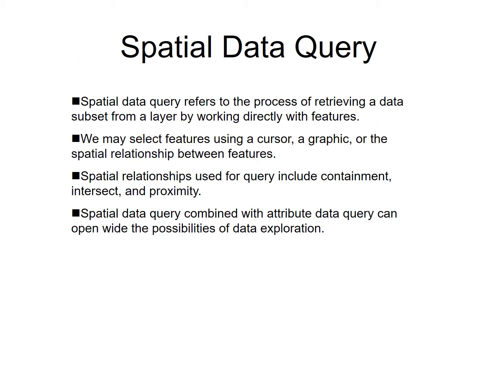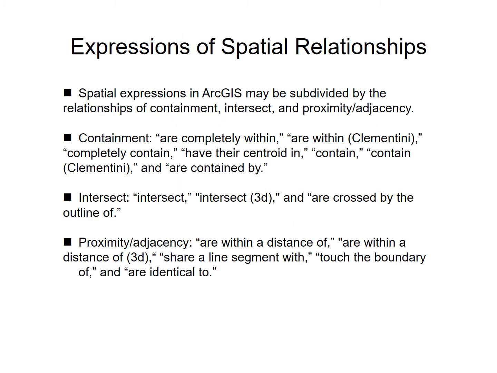Spatial data query refers to spatial data, and when you retrieve it from a subset, you work directly with the features. So you can select a feature with a tool, and then that'll select the spatial data, or you select the spatial data and it selects the feature, I'm sorry.